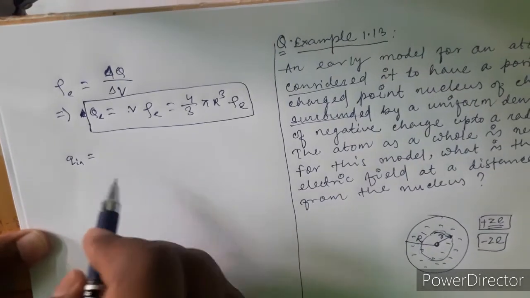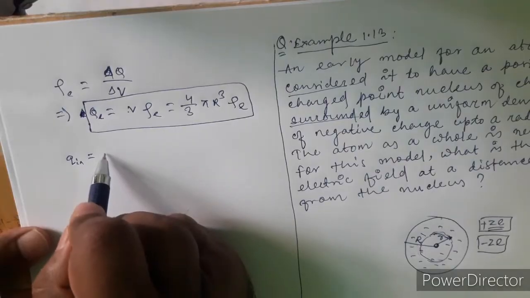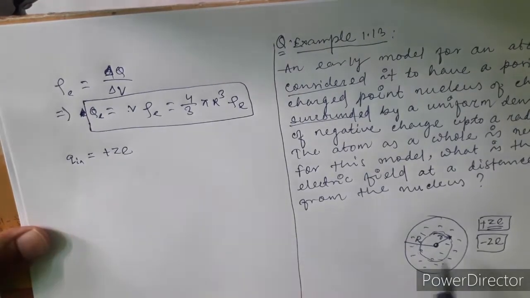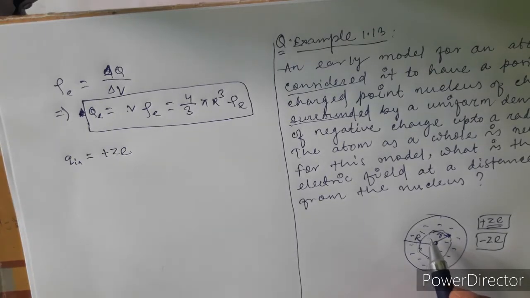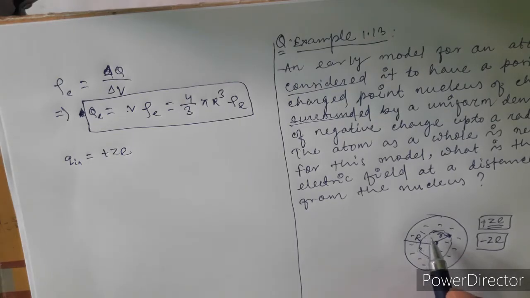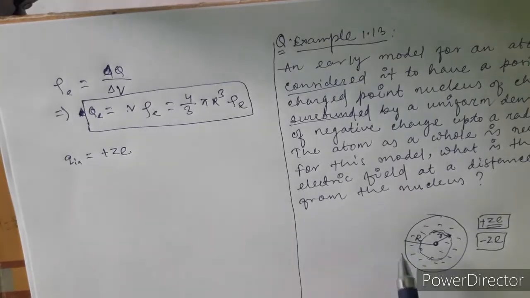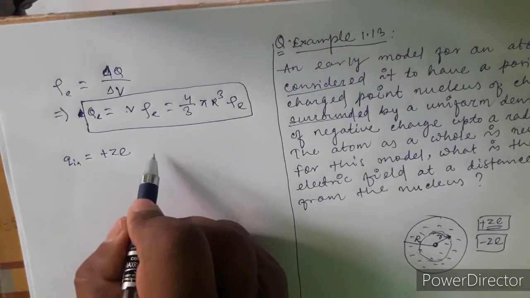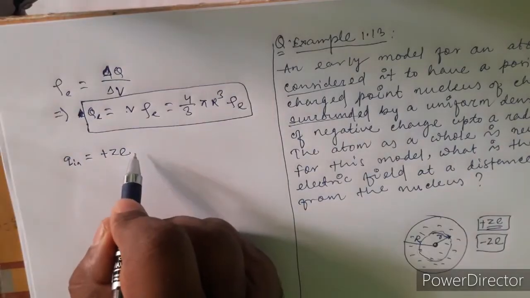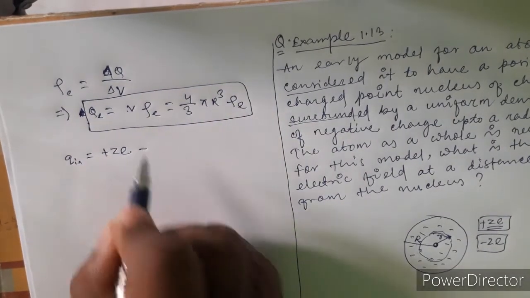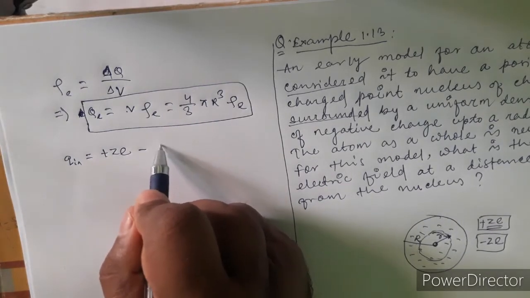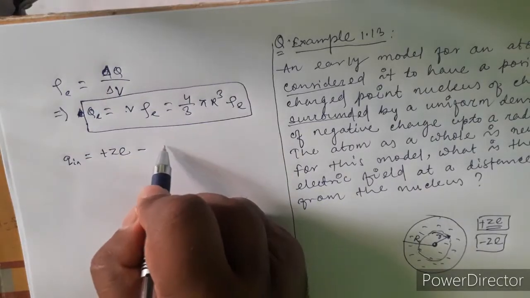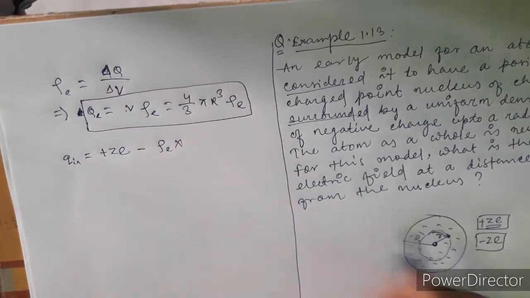Now what will be the total charge inside the Gaussian surface? It will include the positive charge, +Ze, that is the number of positive charge, and the negative charge inside will be equal to rho e into the volume.